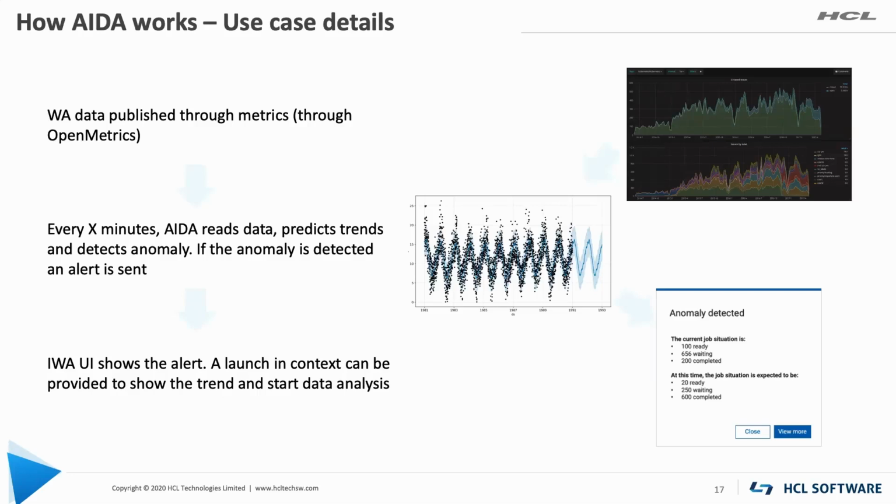Of course, every certain number of minutes, which is probably customizable, these components read the new data and perform the analysis. The UI, the dynamic workflow console, shows the alerts, and you can launch in context the AI data advisor user interface to perform an analysis of the historical data.